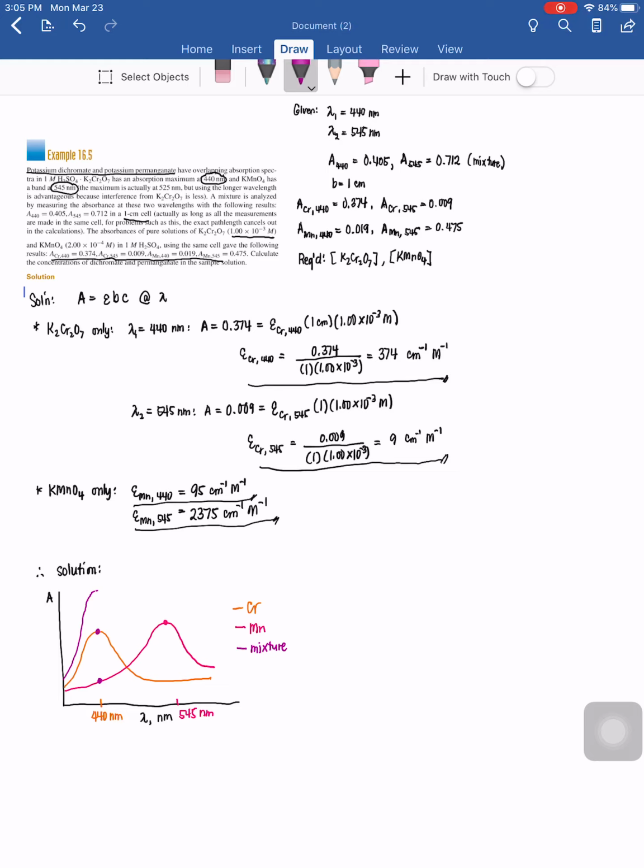And similarly, at a wavelength of 545 nanometers, the absorbance of the pure dichromate adds up to the absorbance of the pure potassium permanganate, so that your reading will now look something like this. The one that I just drew in purple.